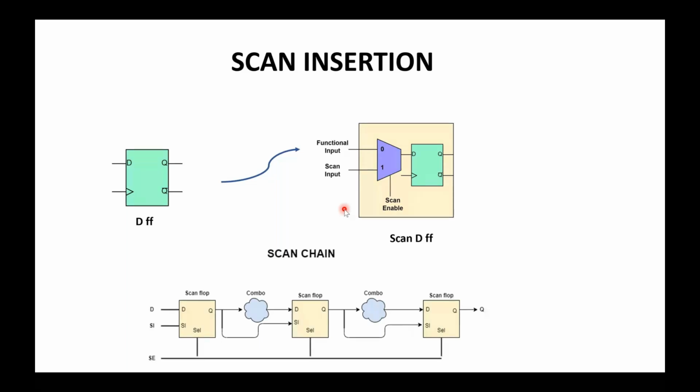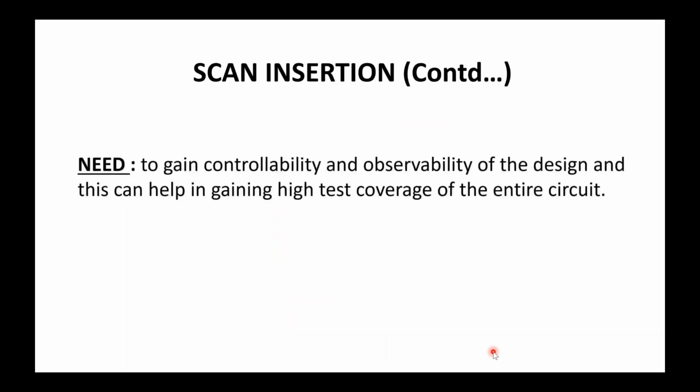The basic need of scan insertion is to gain controllability and observability of our design. If we have controllability and observability of our design, we will be able to get a high test coverage for our circuit. So we'll see how we are gaining controllability and observability of the design when we go for scan insertion.